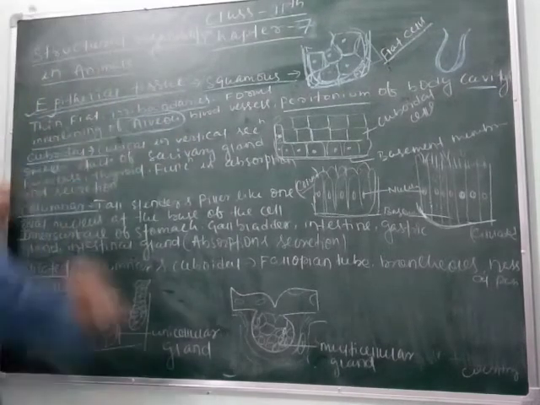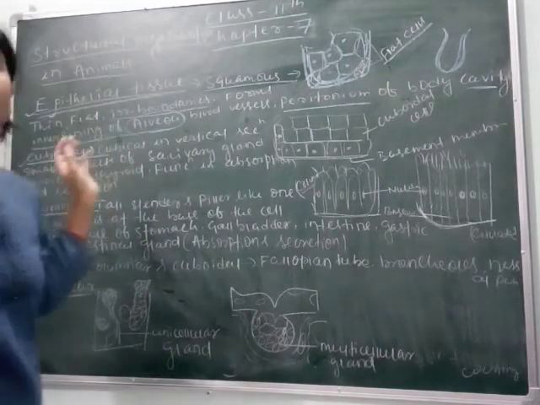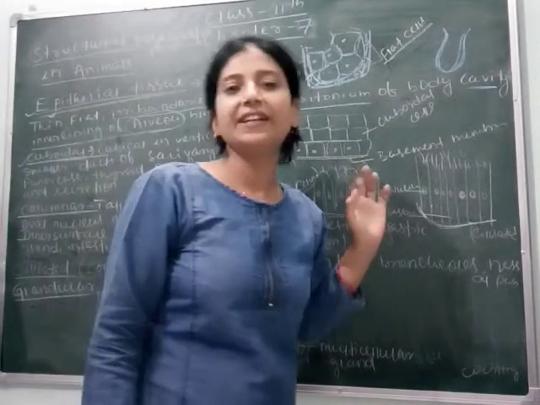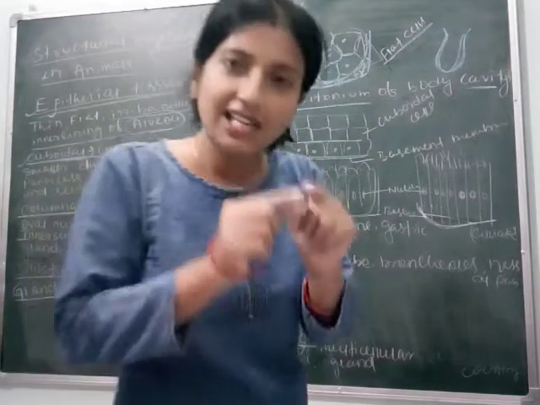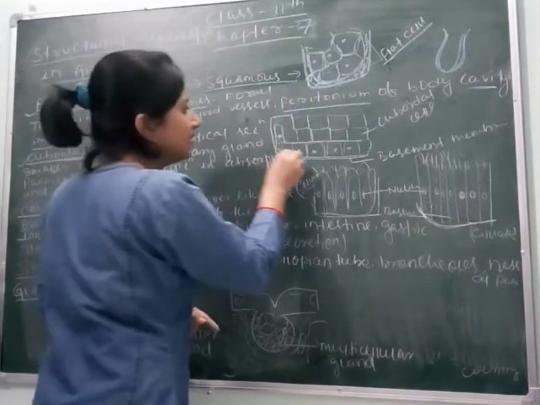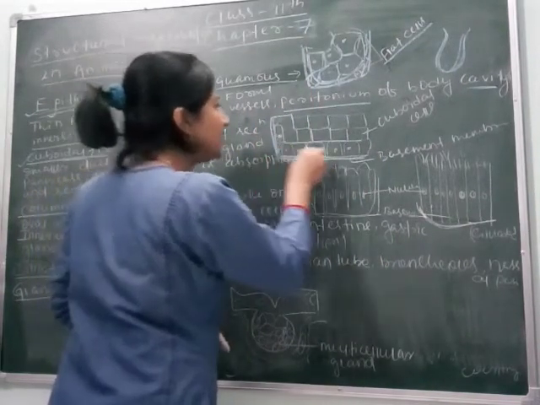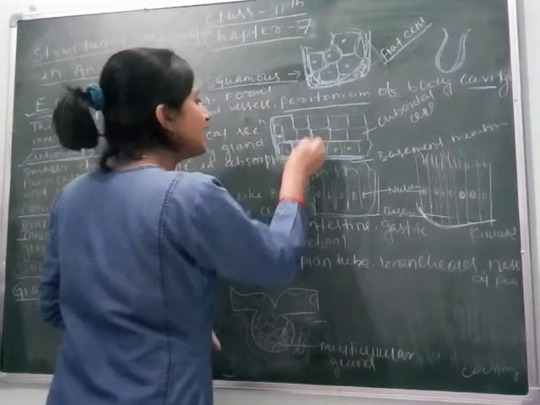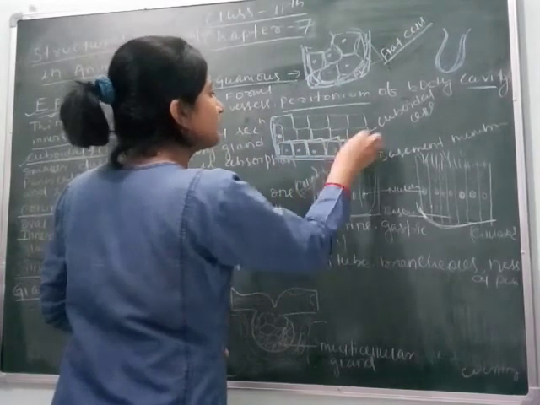Clear? Next is cuboidal epithelial tissue. The name represents itself. Cuboidal means the cells are arranged like cubes. You can see the diagram here. This is cuboidal epithelial tissue, and the cells are arranged like cubes.